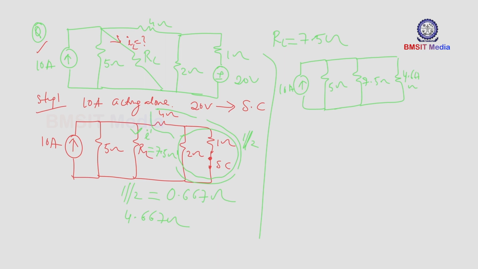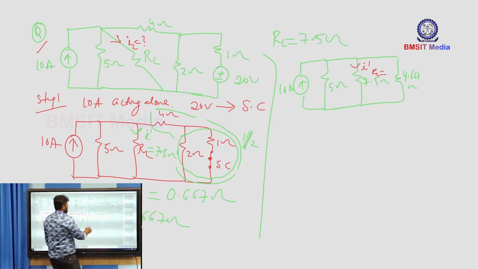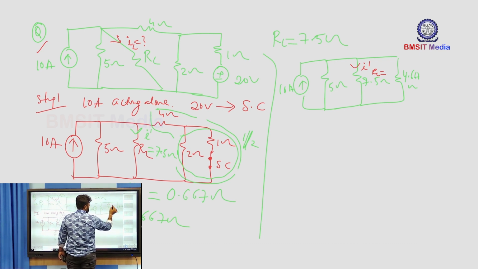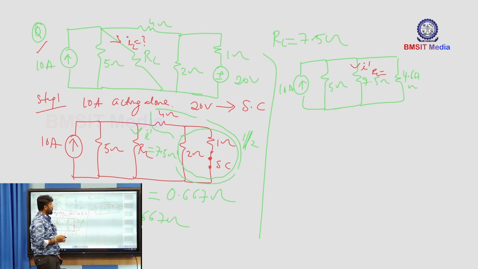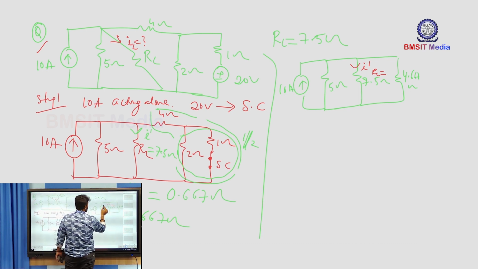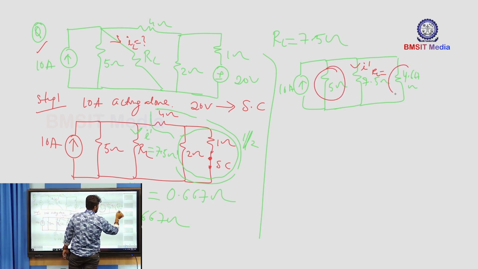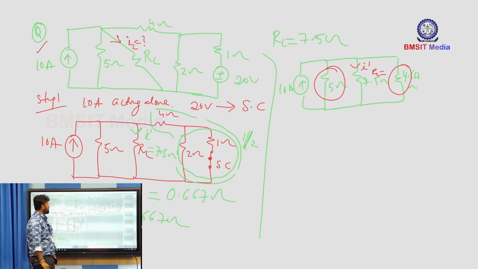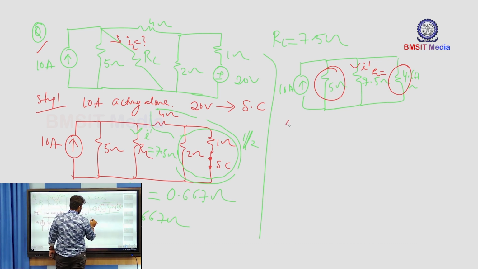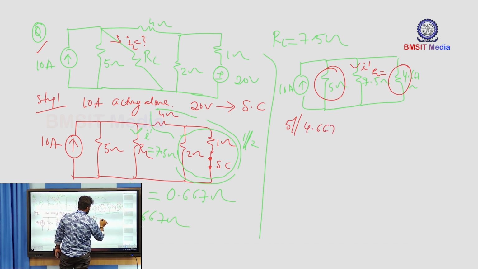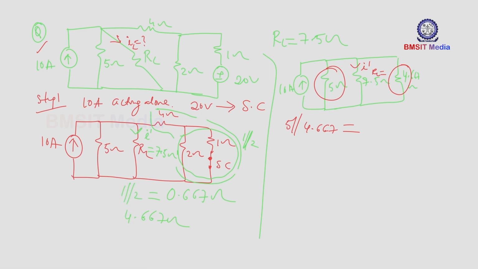Now find out the current that flows in the load resistance. This is your I dash. Again, do not disturb this particular branch, because we want to find the current flowing through the 7.5 ohm resistor. Observe that this resistor and this resistor are in parallel. You can simplify now. That is 5 parallel with 4.667. So, 5 inverse plus 4.667 inverse.